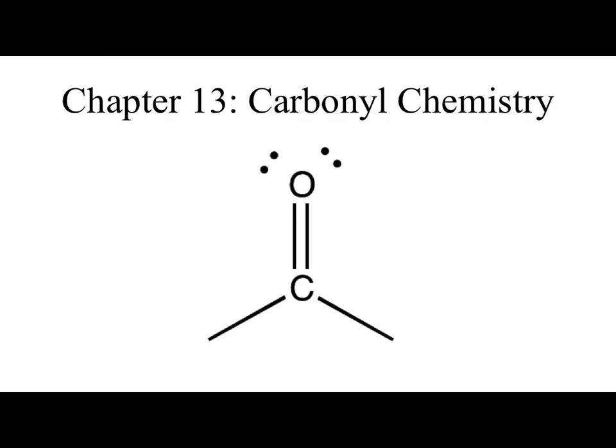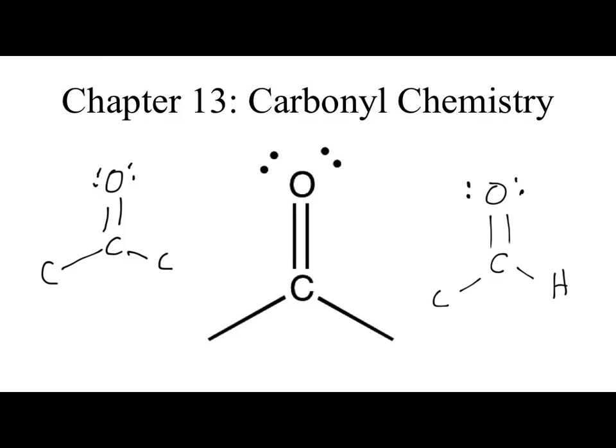Instead of just a carbon-oxygen double bond, I could say that what that carbon is attached to happens to be carbons. Or we could change it where that carbon is attached to carbon and a hydrogen.